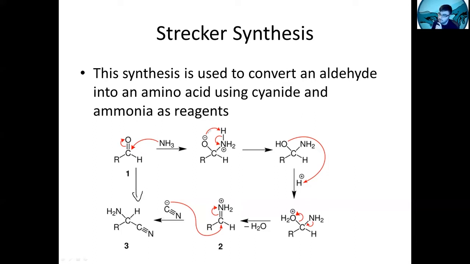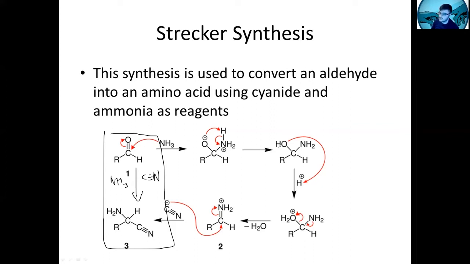The rest is extra stuff, like knowing the exact mechanism, but really this is the important part: when you add these two reagents, NH3 and CN, you replace this double bond O with an NH2 and a C triple bond N.